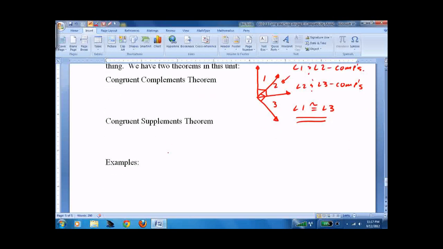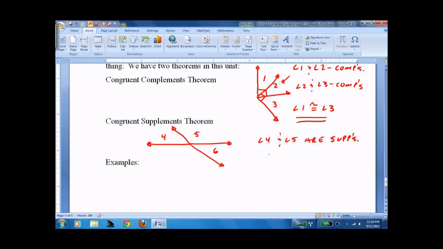Same thing for supplements. Angle 4 and angle 5 are supplements.